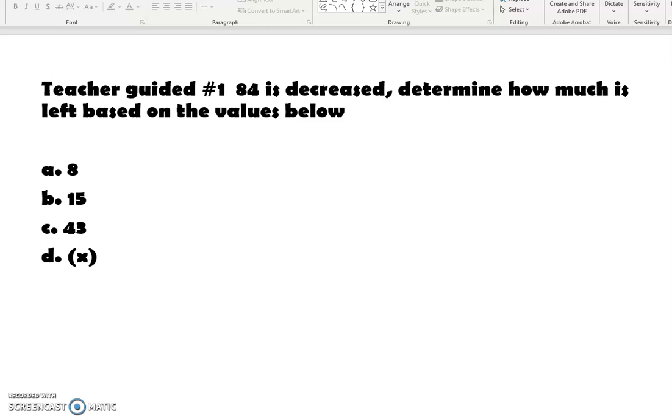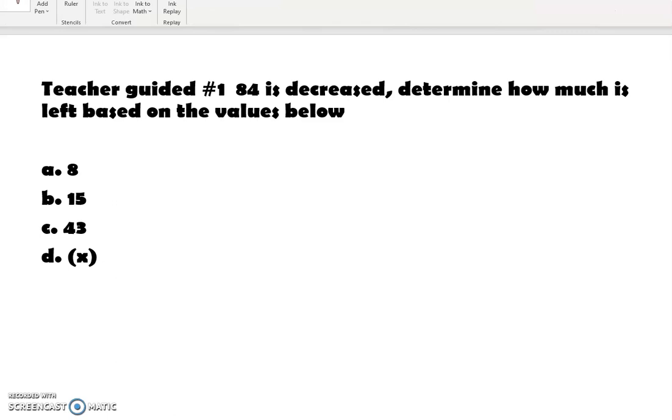I'm going to answer all four parts of this, and parts A, B, and C are going to support me with my ability to write an equation using a variable. Now in this example, we have the word decreased, meaning something is getting smaller, so I'm going to subtract. It's important to notice I'm saying 84 is decreased, which means I'm going to do 84 minus, not minus 84.